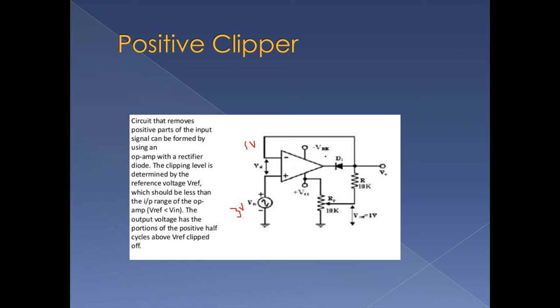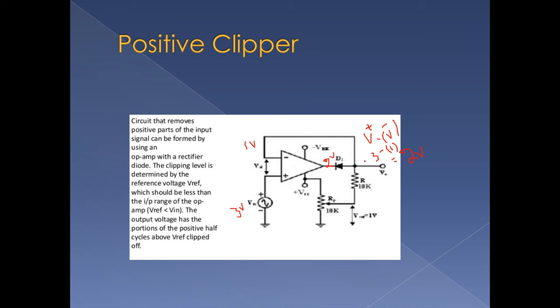The difference between the two inputs will be amplified in the operational amplifier, V plus minus V minus. This is what we will get in the output. So here V plus is 3 volt minus the reference voltage given to the inverting pin, that is 1 volt. So we will get 2 volt, plus 2 volt in the output side.